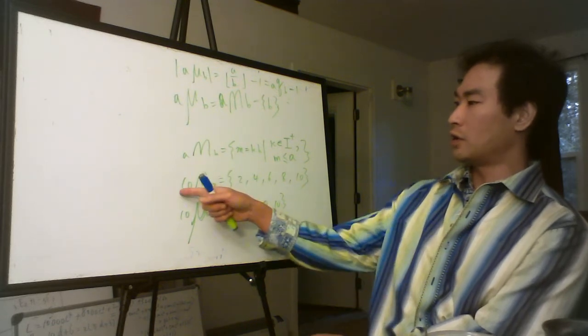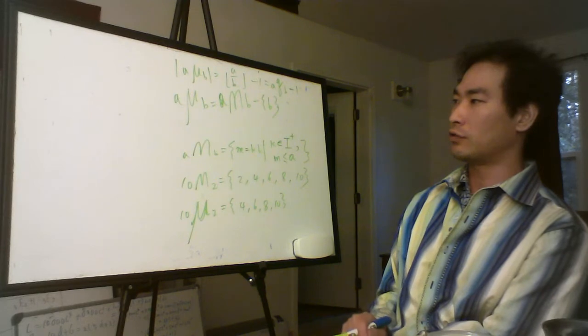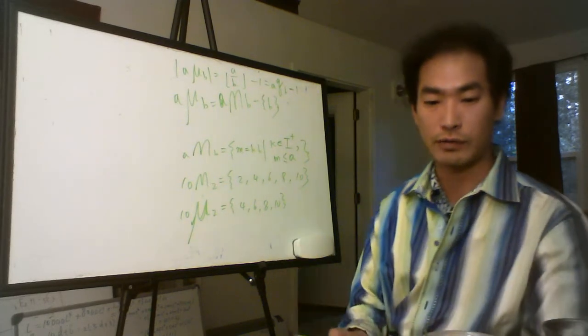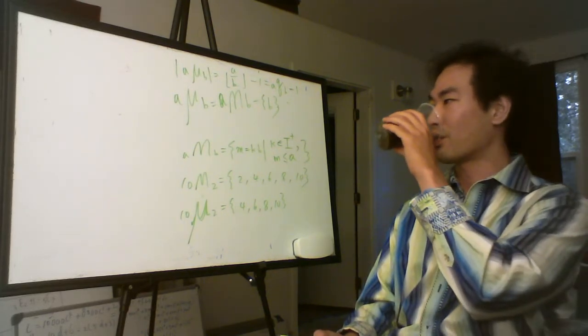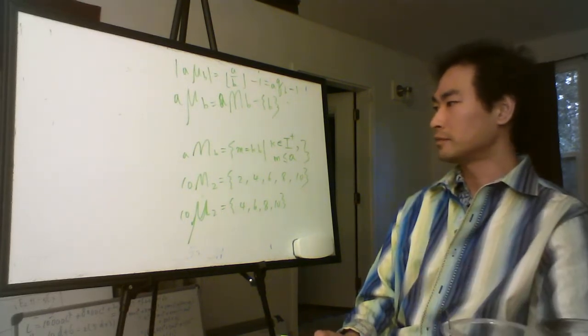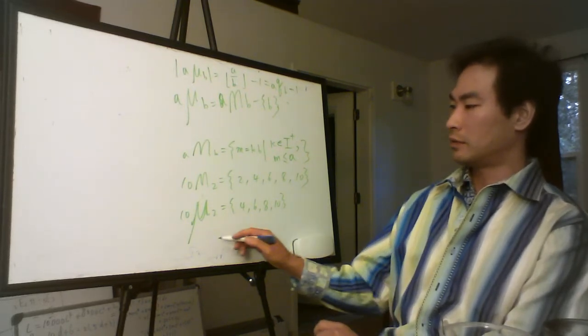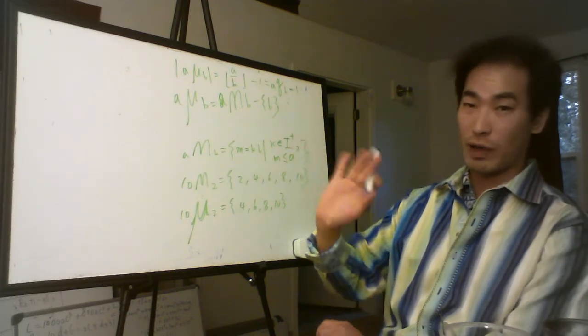So this upper limit number 10. We are trying to find this prime counting function. For example, we don't have to care about one.